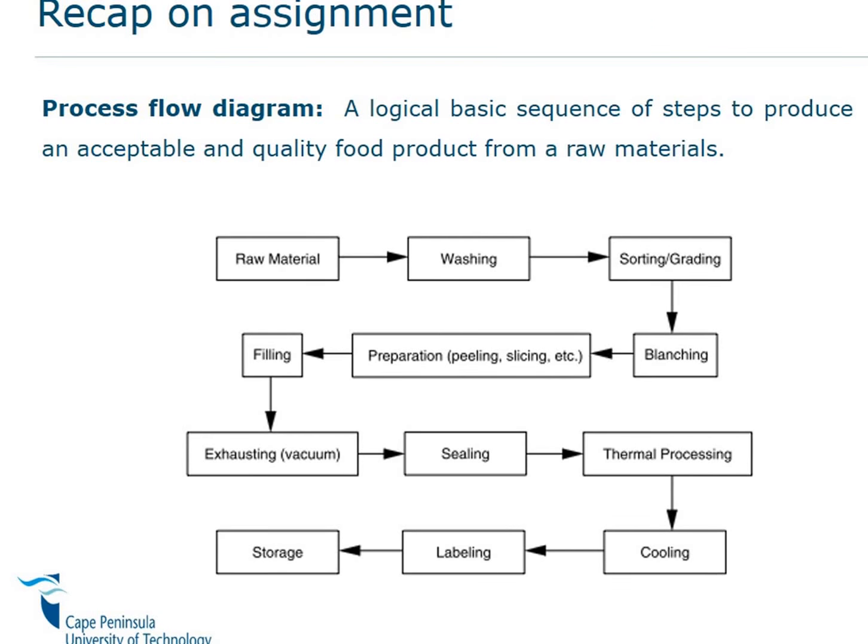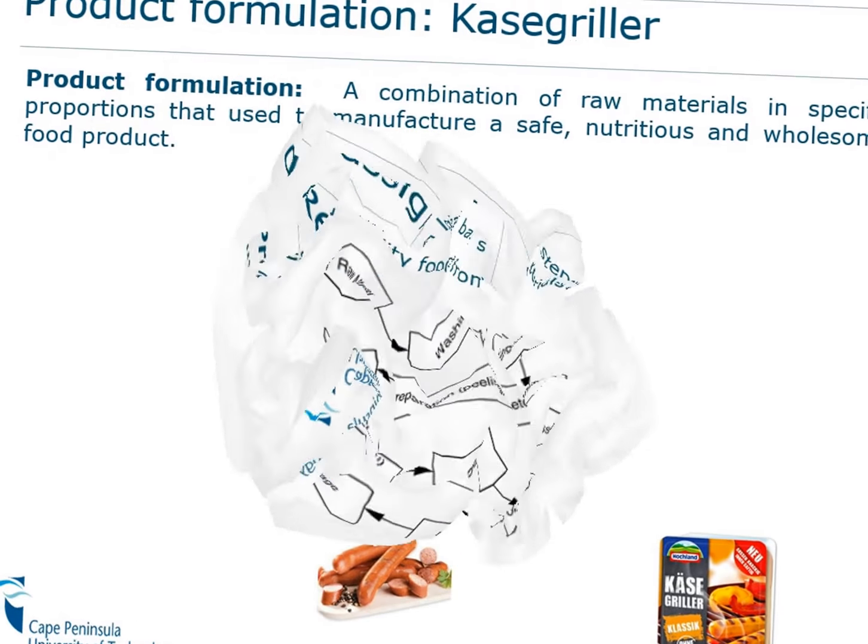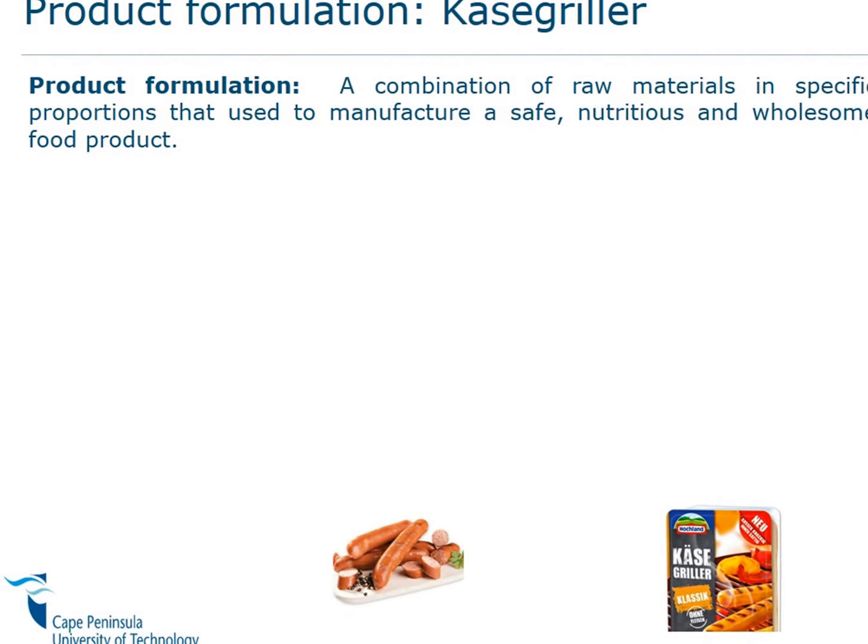They're asking us, what is a product formulation? Well, a product formulation is a combination of raw materials in specific proportions that are used to manufacture a safe, nutritious, and wholesome food product.